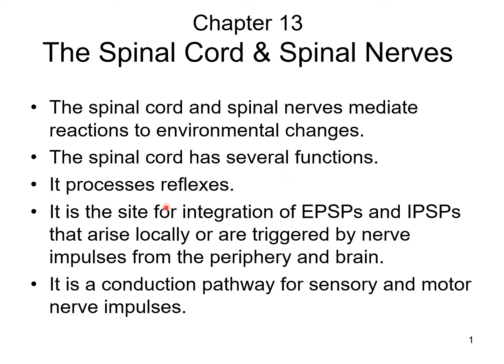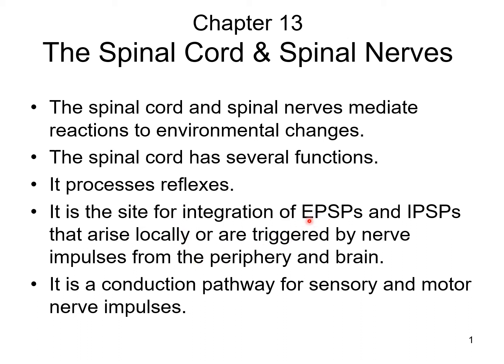Besides being the site for integration, our spinal cord, as we'll see very shortly, also has huge bundles of superhighways for nerve impulses. These conduction pathways, we'll be calling them tracts, are all in the white matter portion of the spinal cord. And as you can imagine, integration done by the cell bodies and dendrites is in the gray matter portion of the spinal cord.